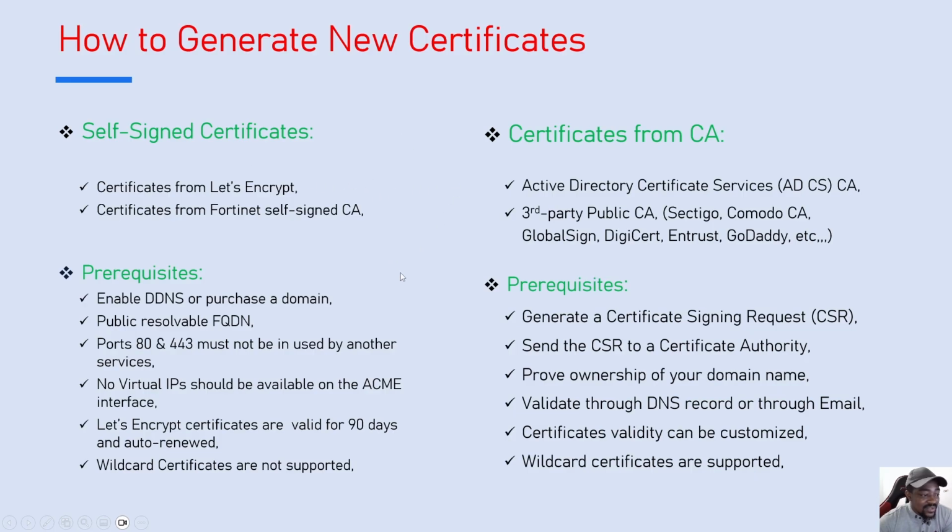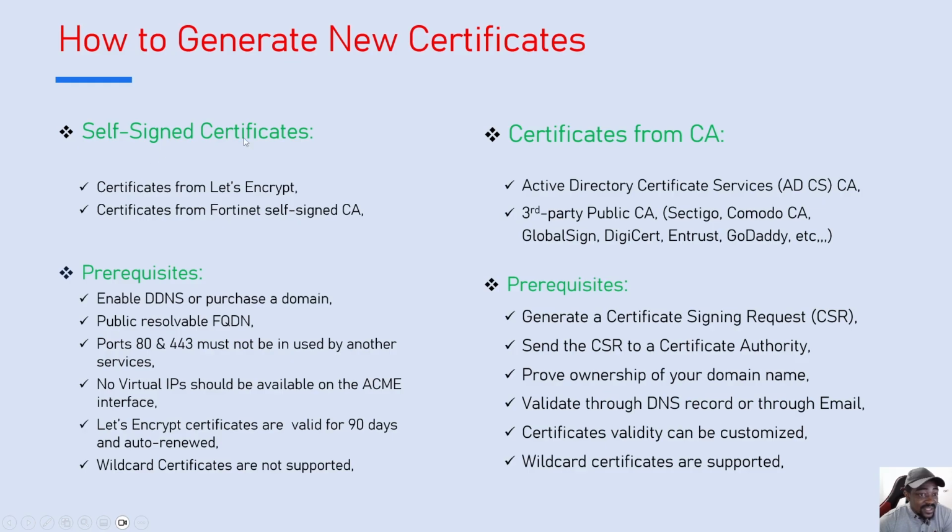So wildcard certificates are certificates that you generate with the common name of star.example.com. With a self-signed certificate, you cannot generate a star.domainname.com certificate. You only need to generate a direct domain name certificate.